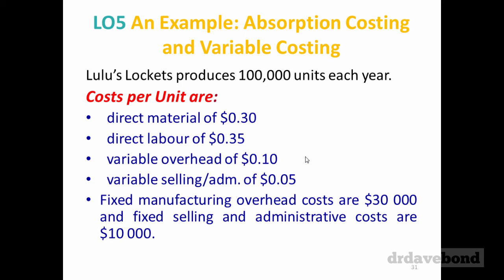So if we think about the variable costs, we've got direct material, direct labor, variable overhead, and variable selling and admin of 30, 35, 10, 5. Those are the product costs. Those are the variable product costs. Direct materials, direct labor, variable overhead.